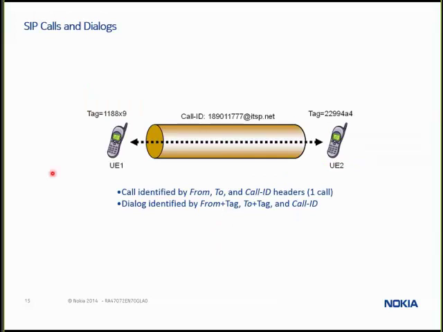Looking at the dialogue, a dialogue is identified by something called a tag. It's not just the tag, it's the From URI plus the tag that identifies one endpoint of the dialogue, and the To URI plus the tag that identifies the other endpoint.